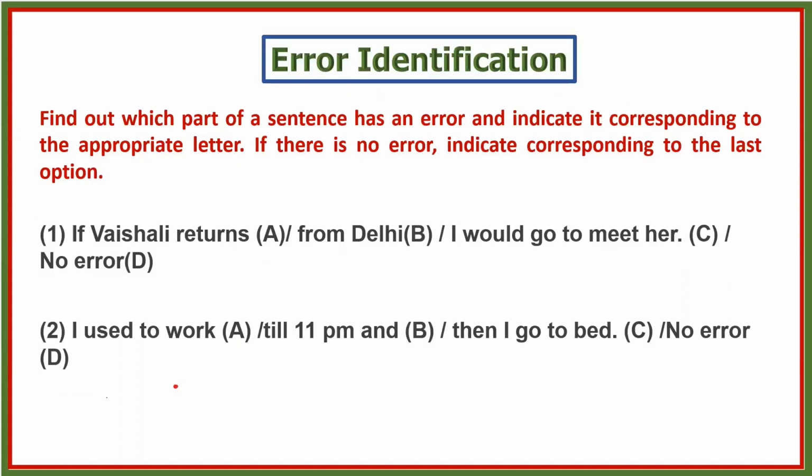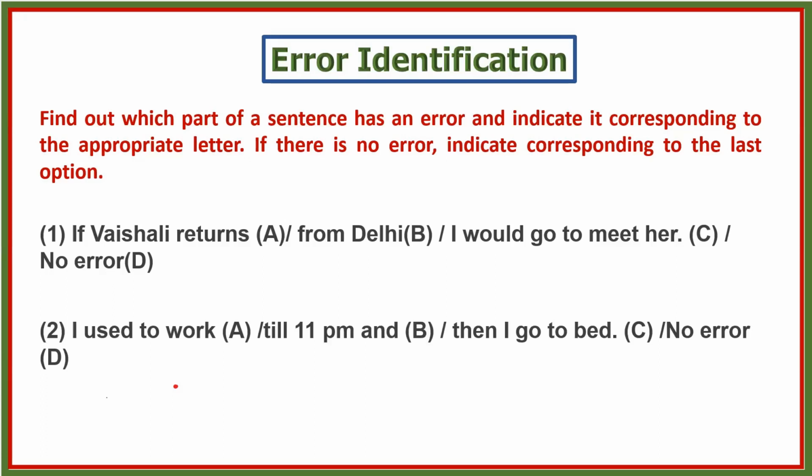As said, the student has to identify the erroneous part of the sentence in error identification. So see the first question. If Vaishali returns from Delhi, I would go to meet her. So you have to find out the erroneous part.